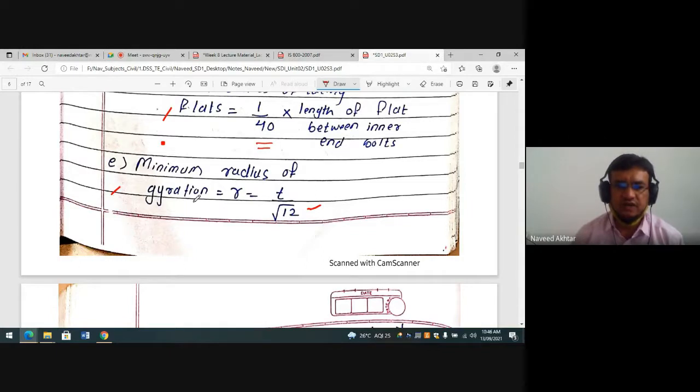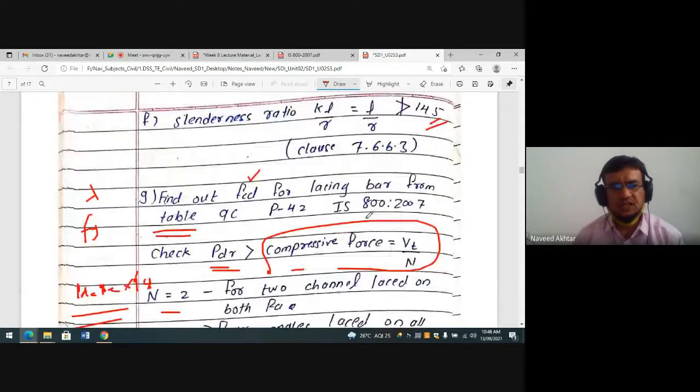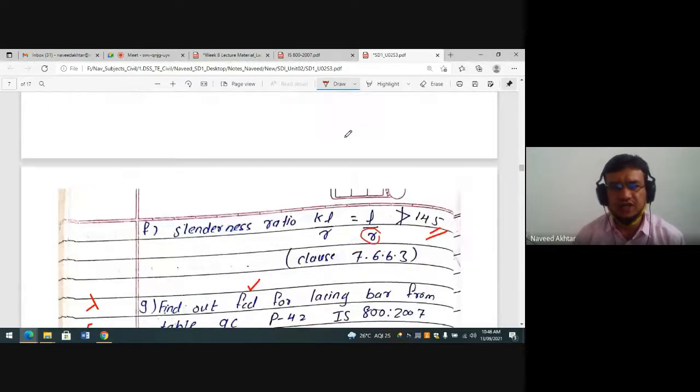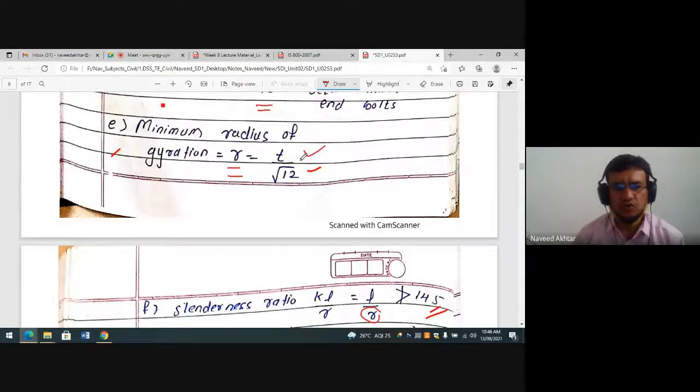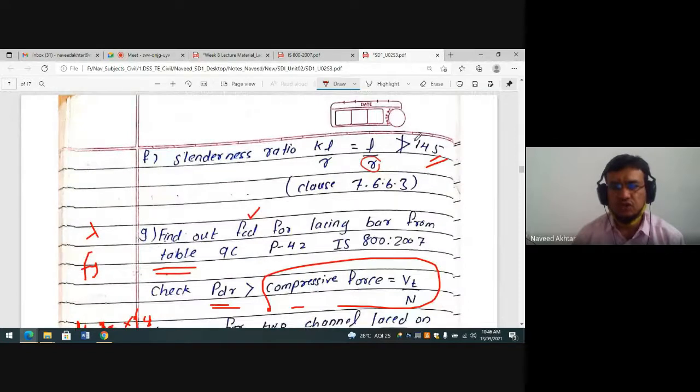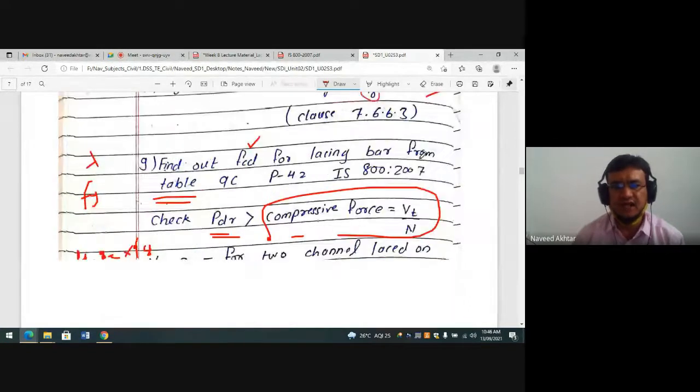Then you have to find the radius of gyration for the lacing flat, that is t upon root 12. Slenderness is l upon r minimum. Put that value, it should not be greater than 145.